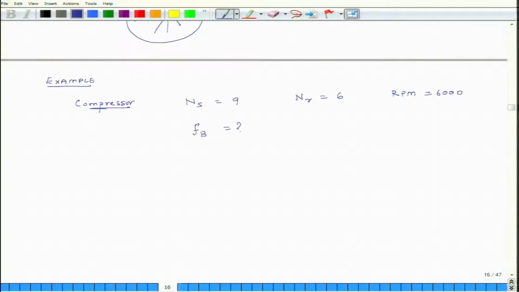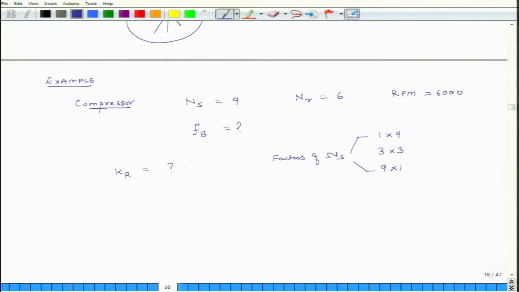Okay. So, we first have to compute Kr. What are the factors of Ns? You can factorize 9 as 1 times 9, you can also factorize it as 3 times 3, and the third way is 9 times 1.